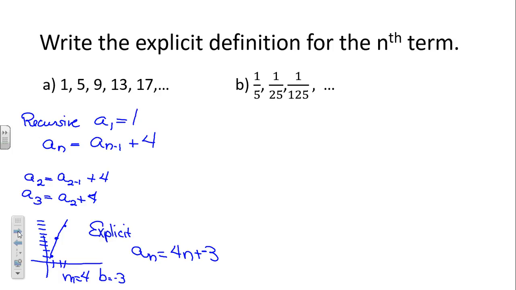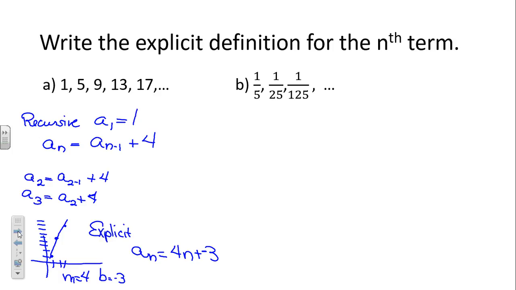Let's see if that works. First term, when we plug in 1, do we get 1? Second term, when we plug in 2, do we get 5? Third term, when we plug in 3, do we get 9? Yep, so it works. Okay?